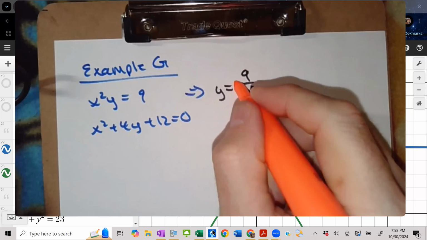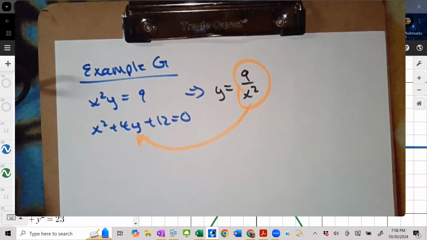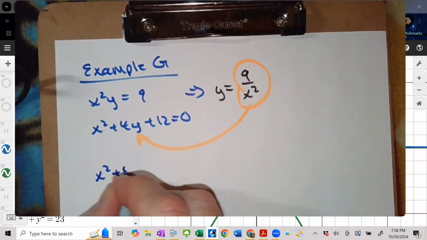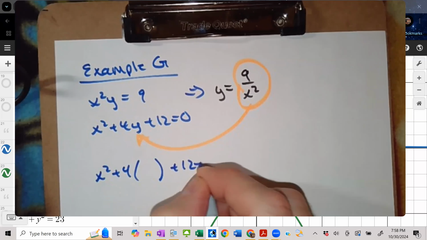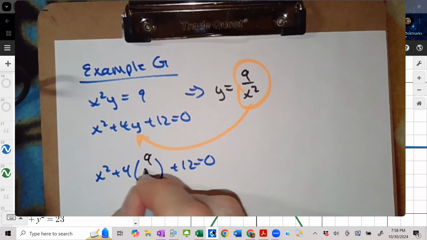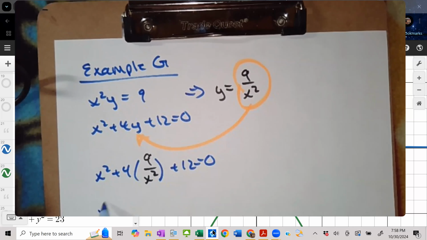So this expression here gets plugged in just for the y. x squared plus 4 times 9 over x squared plus 12 equals 0. Add the 4 to multiply, I get x squared plus 36 over x squared plus 12 equals 0.